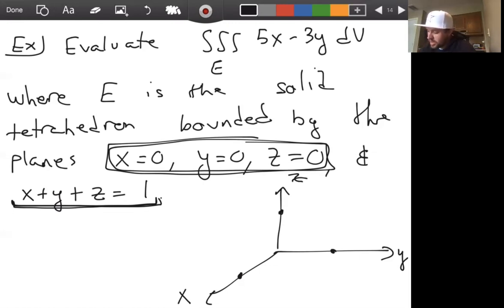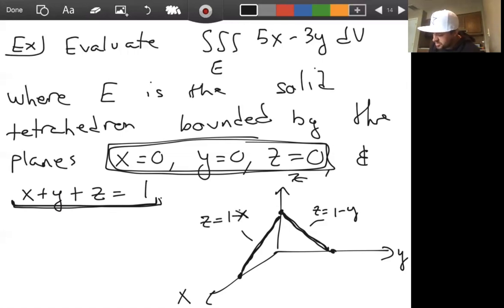That means in the yz plane, you have the line z equals 1 minus y, right? If you look at y equals 0, well, then you have z equals 1 minus x. So in the xz plane, you have the line z equals 1 minus x. Then if z equals 0, you have the line y equals 1 minus x.